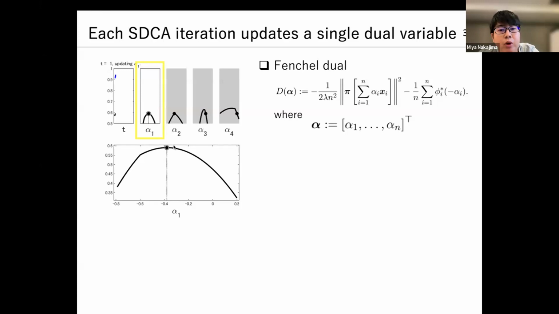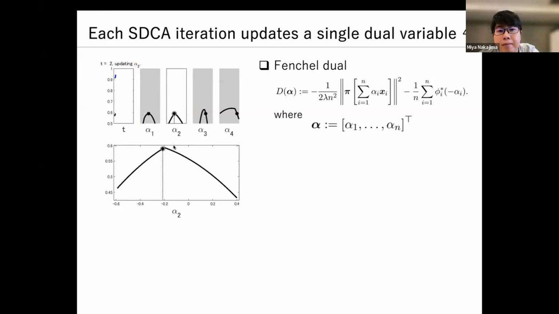Ideally, we update alpha 1 to the position where D of alpha is maximized. This panel plots the Fenchel dual D of alpha against alpha 2 with the remaining dual variables alpha 1, alpha 3, alpha 4 fixed. The panel below is an enlarged view of this panel. Ideally, we update alpha 2 to the position where D of alpha is maximized.